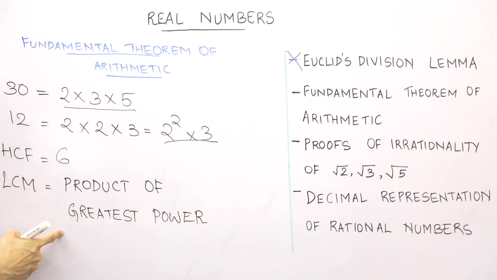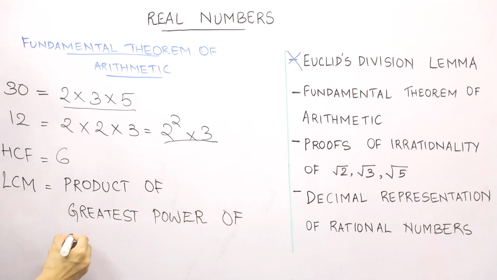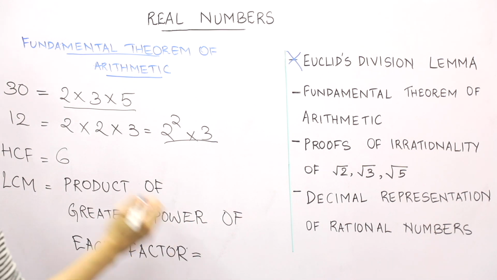Here we'll choose the greatest power of each factor. So for HCF, we had chosen only the common factors, but here we'll choose each factor. So here we have 3 factors, 2, 3 and 5, even though 5 is not common to both.